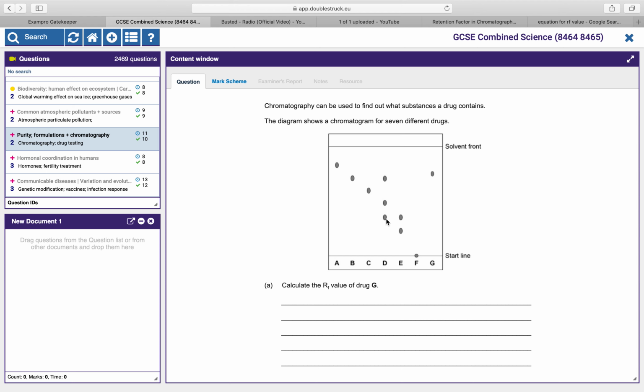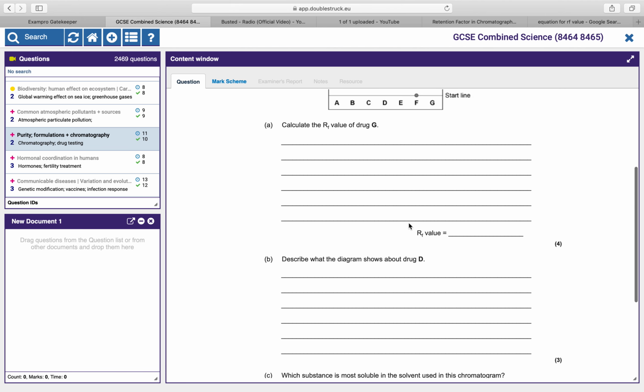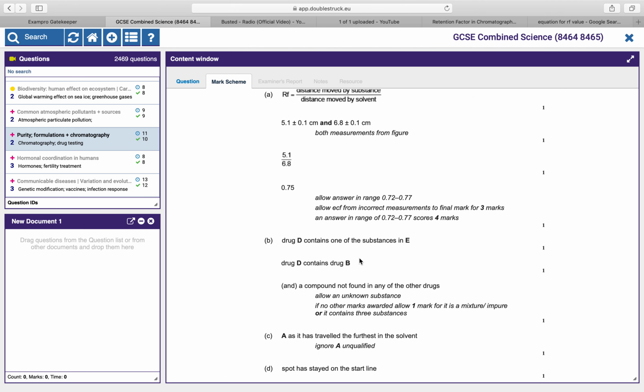And it contains a substance in drug E, so one of the substances that make up drug E. One of the substances in drug E you'd want to mention. So you'd put those in. Let's see what we got.